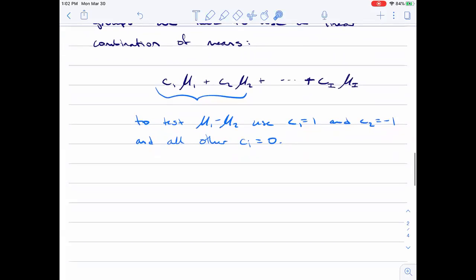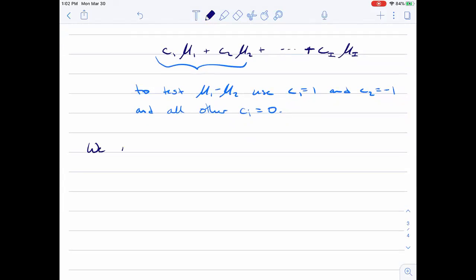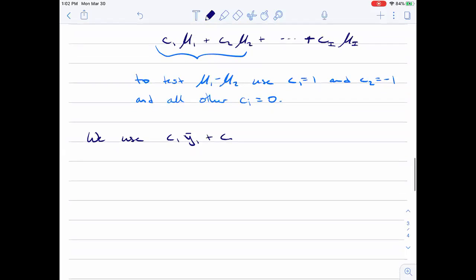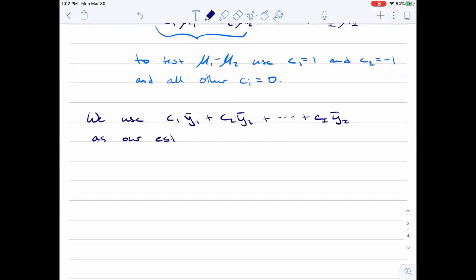And so we use C1 Y1 bar plus C2 Y2 bar plus Ci Yi bar as our estimate, just like we used Y1 bar, Y2 bar for our estimate if we wanted to compare mu1 and mu2.